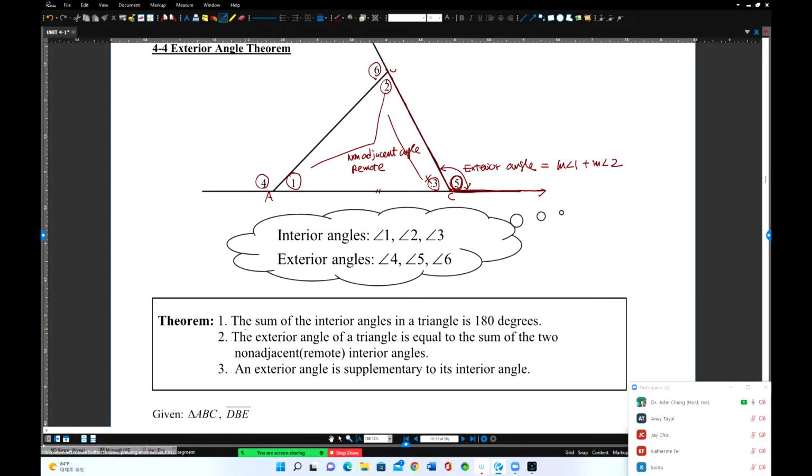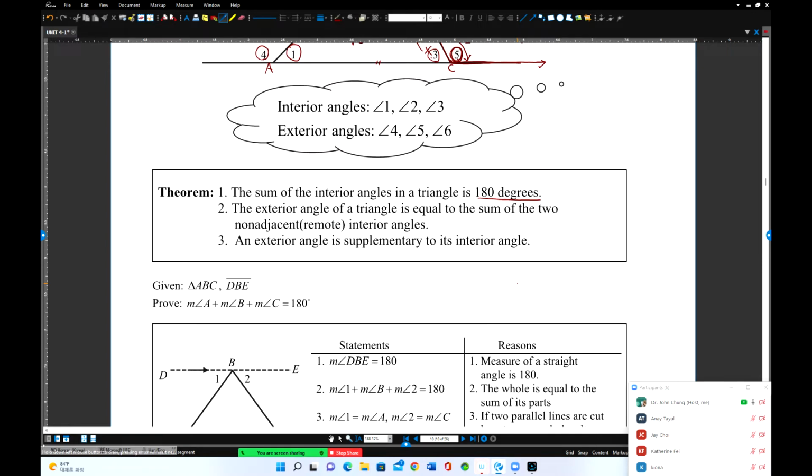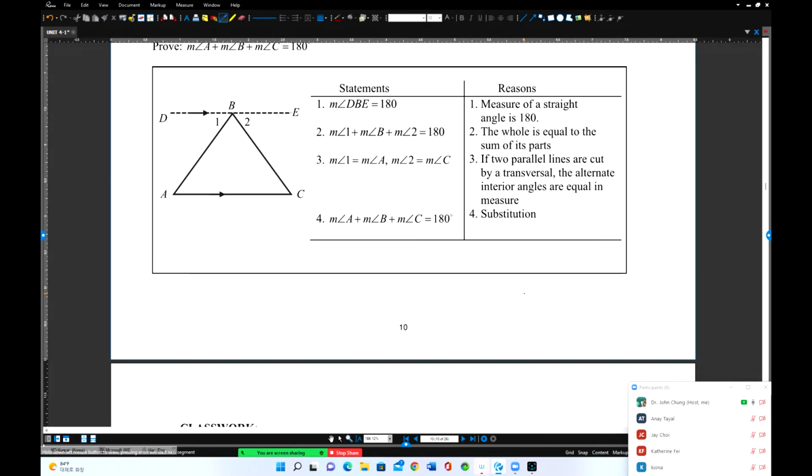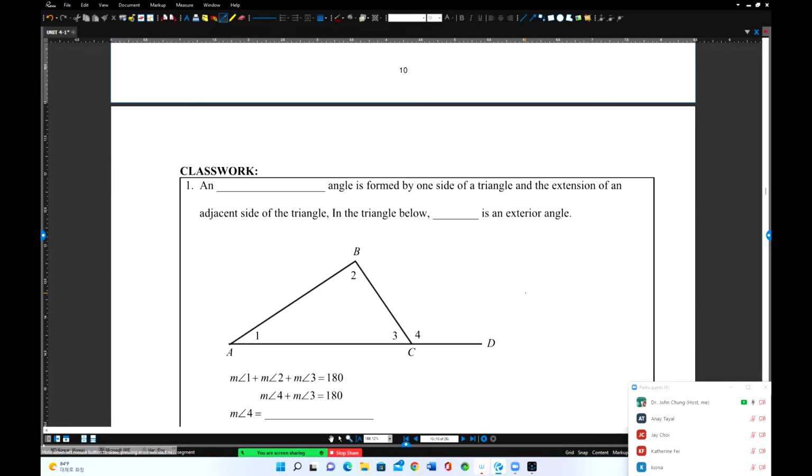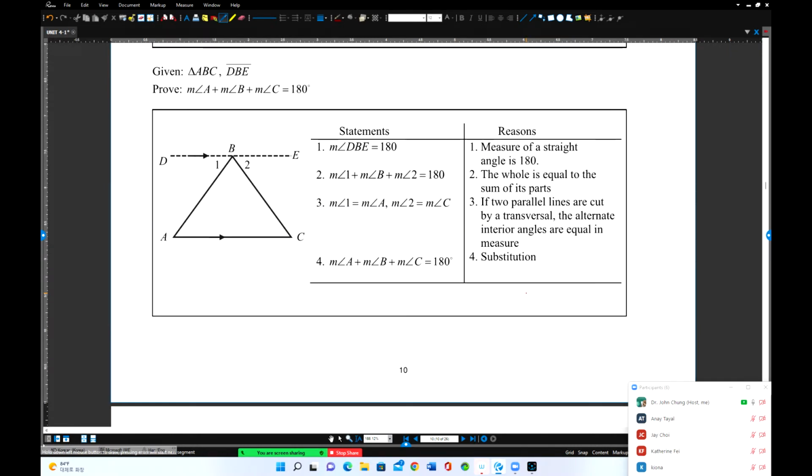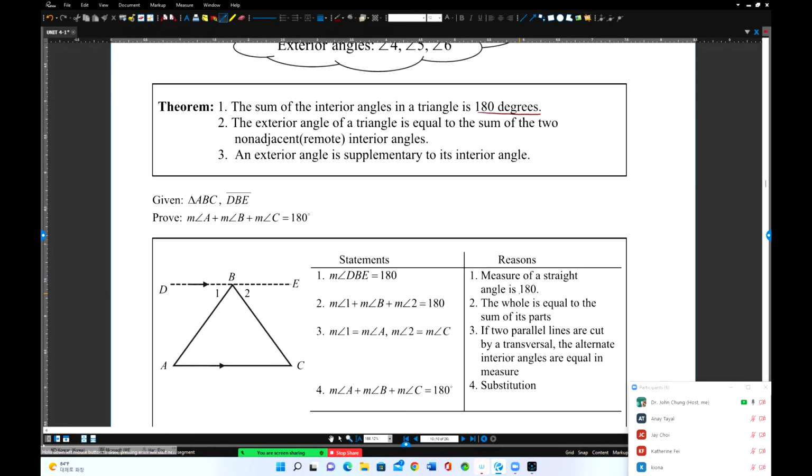First we're going to memorize that the sum of interior angles in a triangle is 180 degrees. This we did last time, right? And the exterior angle is equal to the sum of two non-adjacent or remote interior angles. We did this one before, right?